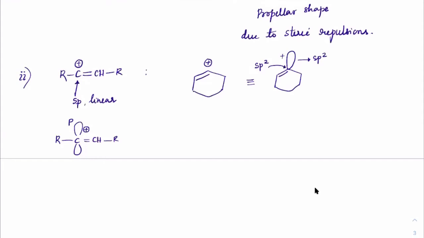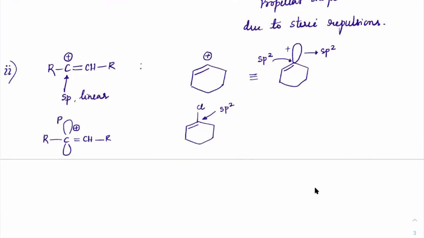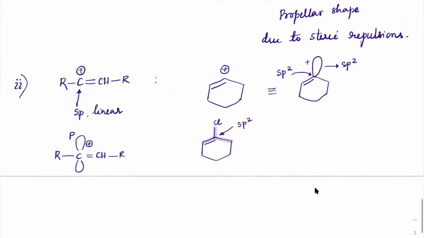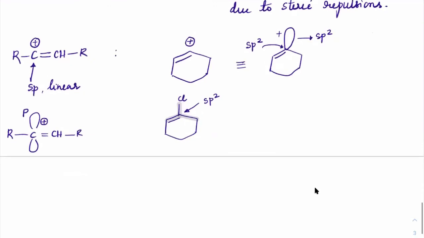So imagine this carbon originally without positive charge. Without positive charge, maybe it had some more electronegative atom like chlorine. When it had chlorine, what is the hybridization? It is sp2, because there are three sigma bonds here: 1, 2 and 3. Three sigma bonds means it is sp2. Now chlorine has been removed from here to form a carbocation.